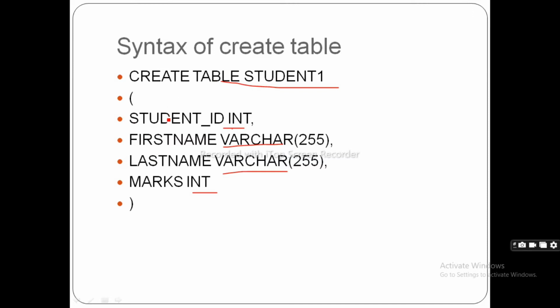My first column is student ID, which is integer type. Second column is first name, which is varchar. Varchar is a data type which takes up to 255 characters at a time. Last name is varchar and marks will be integer, and then we close the bracket.